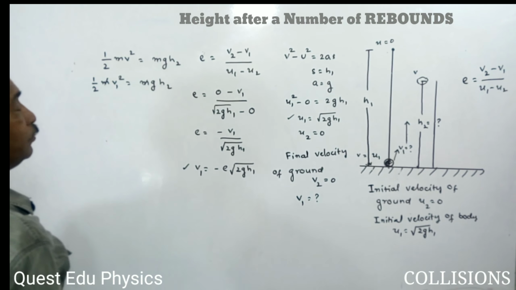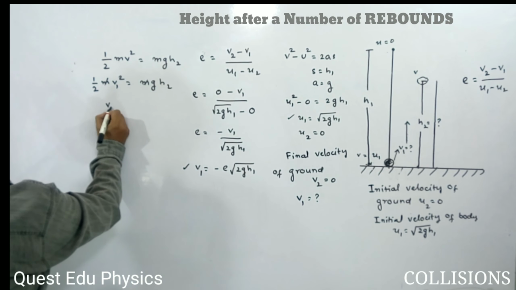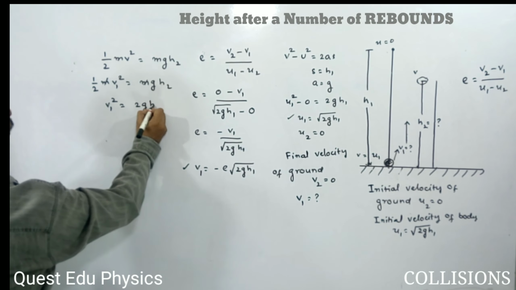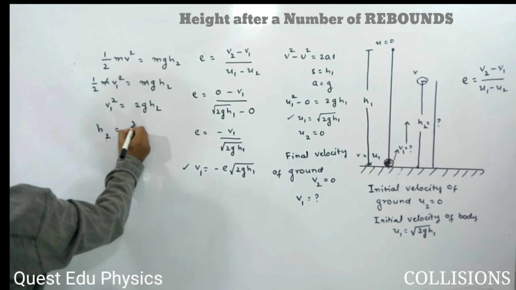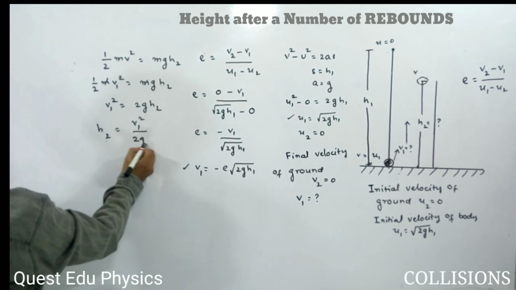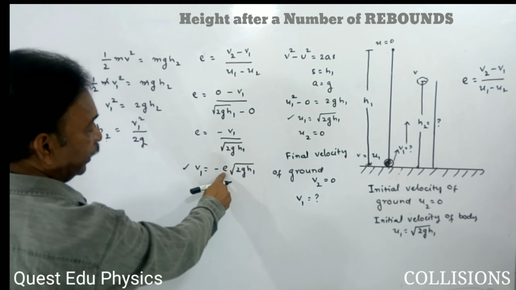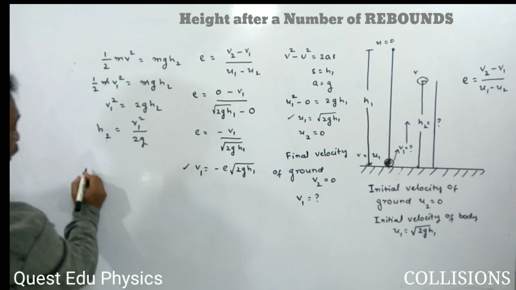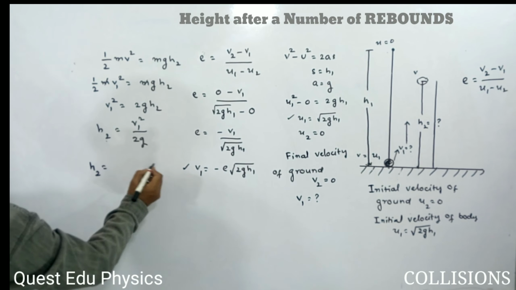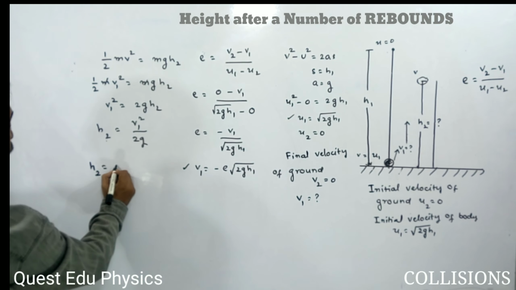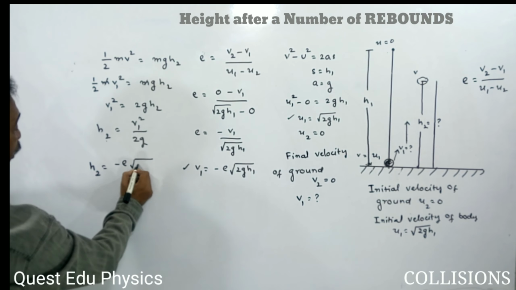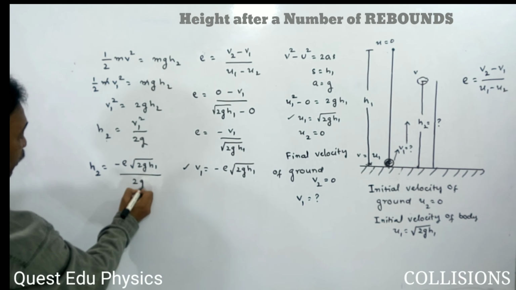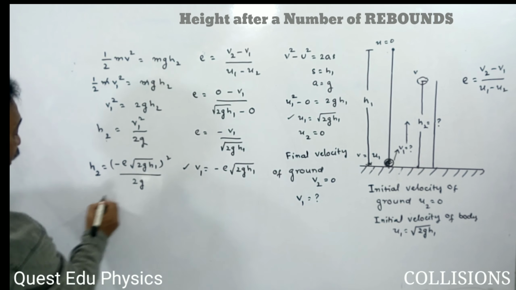The m gets cancelled. Okay students, and what we get, v1 square is equal to 2g h2, or h2 is equal to v1 square by 2g. But we have the value of v1 is equal to minus e into root of 2g h1. Here we are substituting the value, that is h2 is equal to minus e under root of 2g h1, by 2g, whole square.